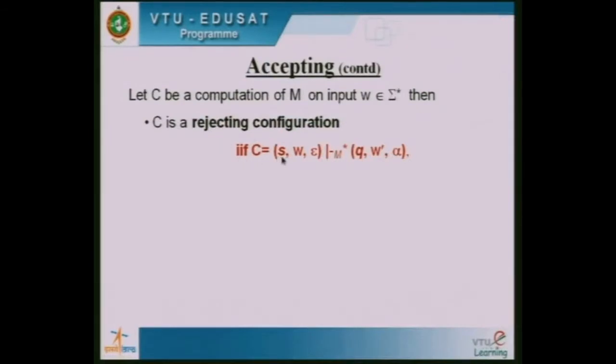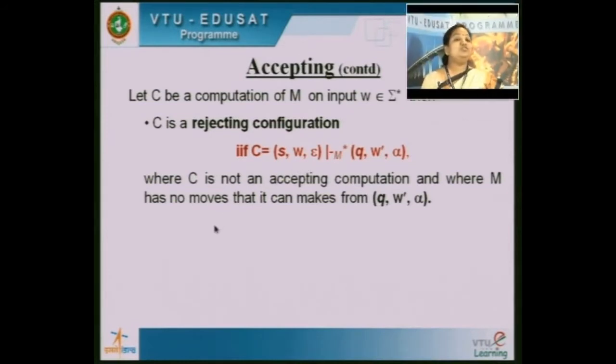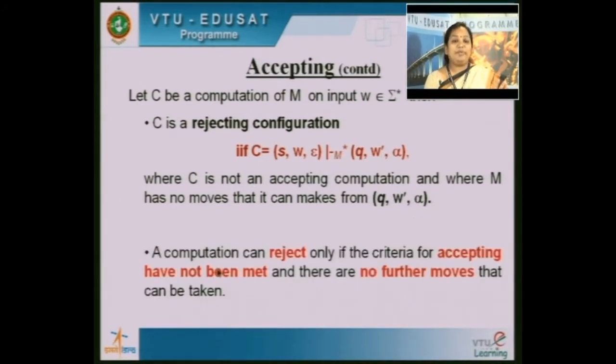When C is (s, w, epsilon), which derives (q, w', alpha), where C is not an accepting computation and M has no moves that can be made from this configuration. Hence, a computation can reject only if the criteria for accepting have not been met and there are no further moves that can be taken.